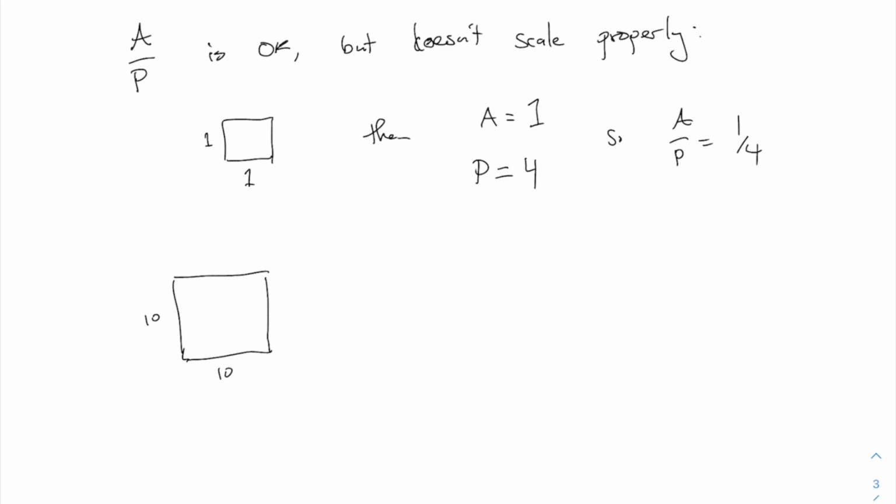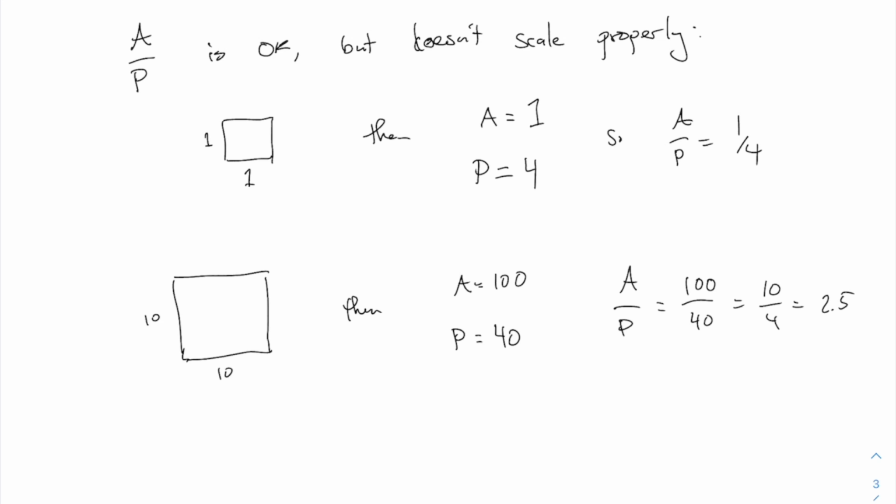Okay, so this one, though, in this case, the A would be 100 because the area of a rectangle, you multiply the width times the height. The perimeter, what's the perimeter here? 40. And so now when I divide, I get A divided by P would be 100 over 40, which is 10 over 4. This is like 2.5, right?